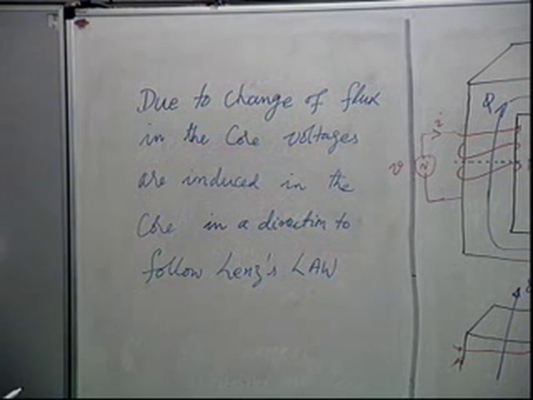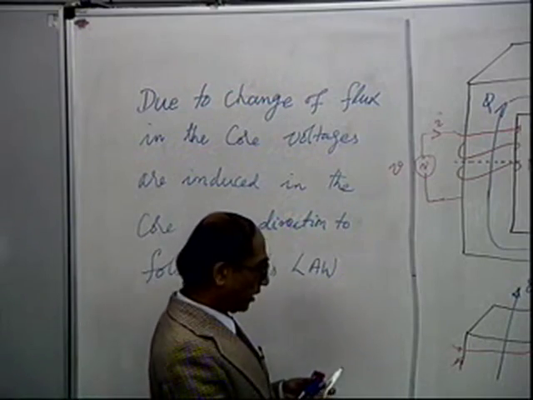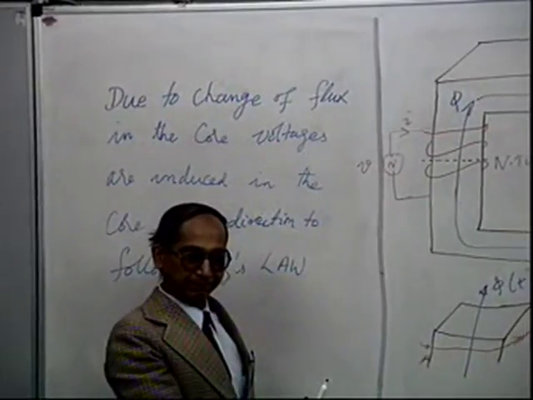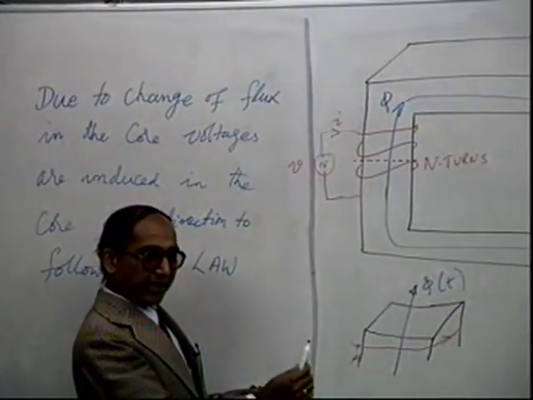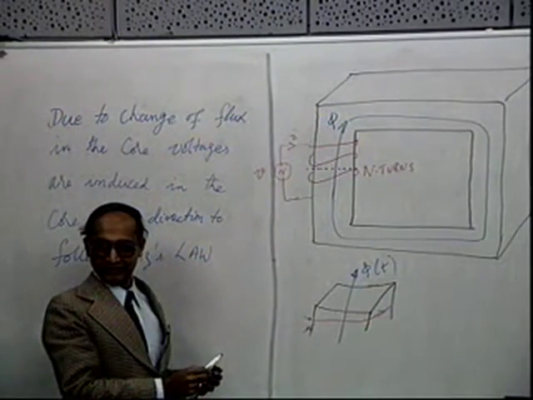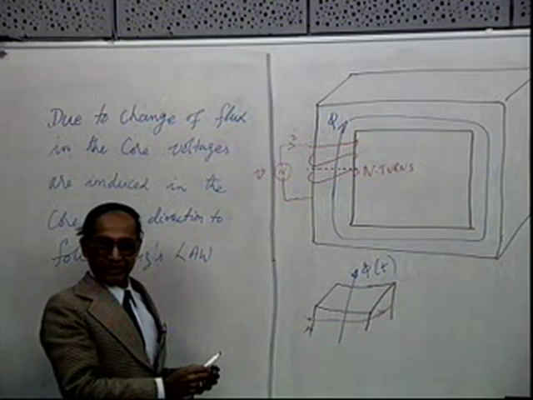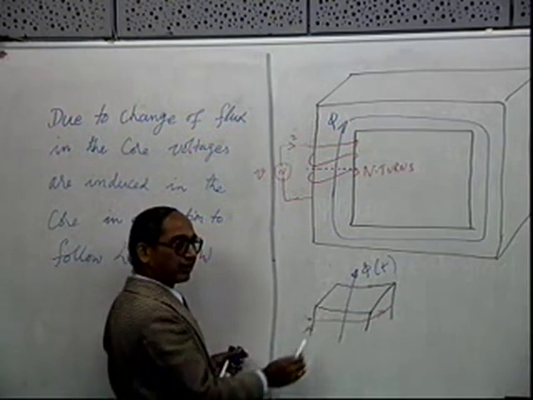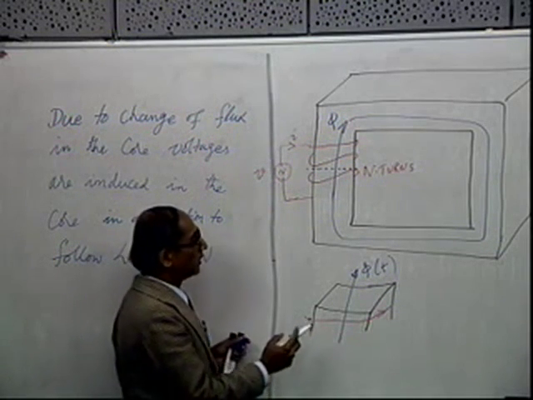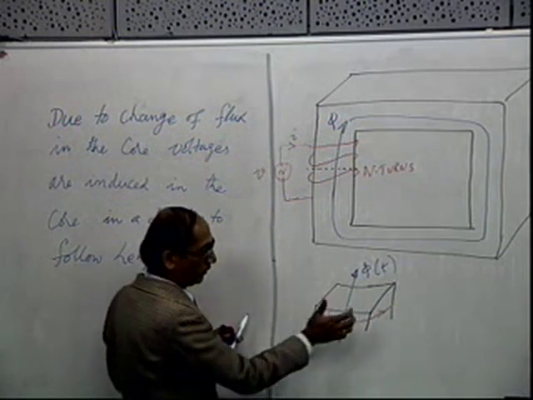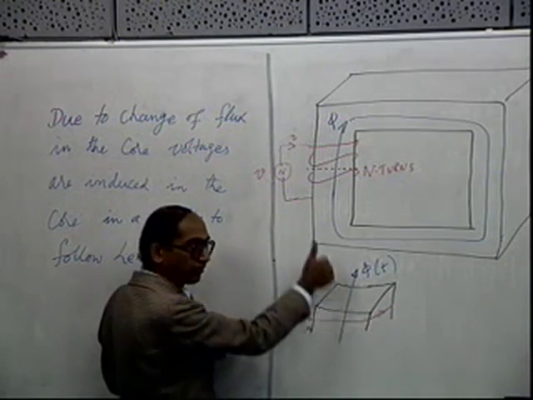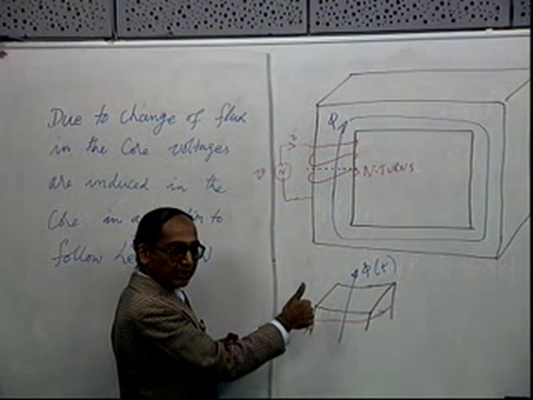That means when the flux is increasing, it should create a current in a direction to decrease that flux. Okay? So what will happen? Which direction will it be? If the current is induced this way, then it will create a flux in the upward direction.